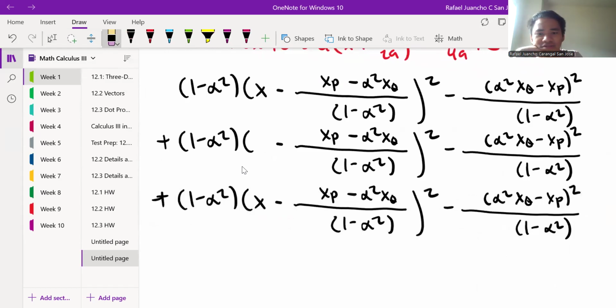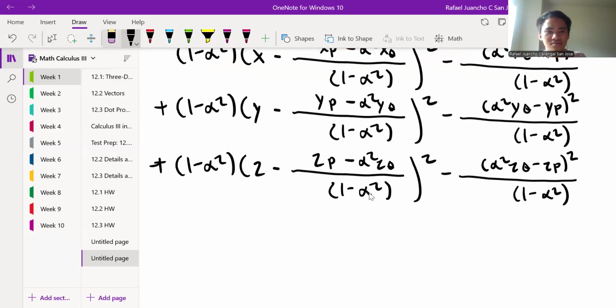Then here we just change all of these to Y. So Y, Y, Y, Y, Y. Is that it? Yeah, that's it. And here we change this to Z. So this is now Z, Z, Z, Z, Z. Okay.